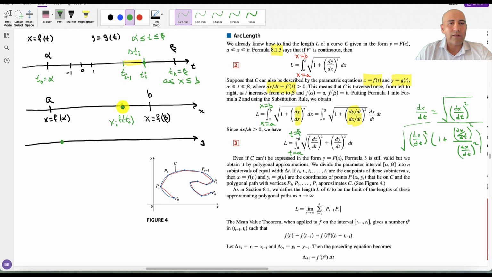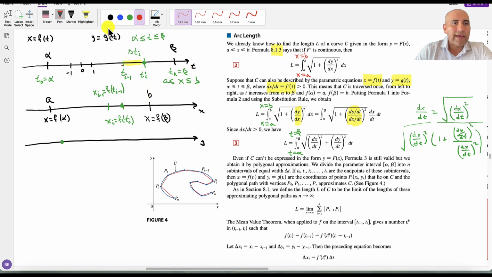And then right before it, really close up to it, will be the x sub I minus 1 value, which is equal to f of t sub I minus 1. When you plug in the t sub I minus 1, this guy will map to a value right in there, and this guy will map to a value right in there. Let's get rid of those red circles, it's getting messy.